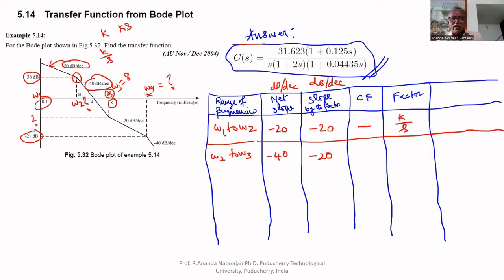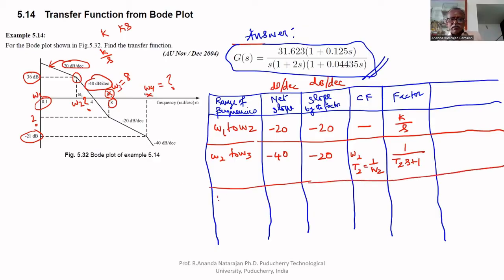The corner frequency is omega 2, therefore T2 equals tau 2 equals 1 by omega 2. The factor is a negative slope with corner frequency, therefore 1 by (T2 s plus 1). So this is also done.